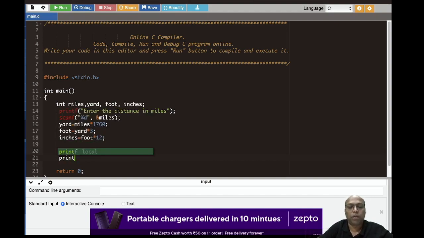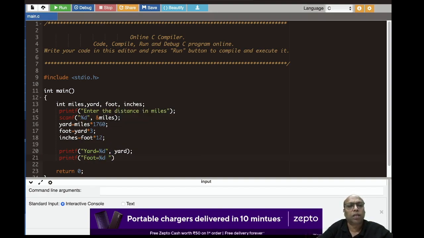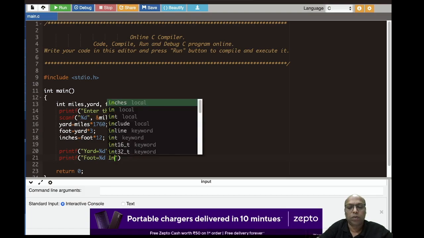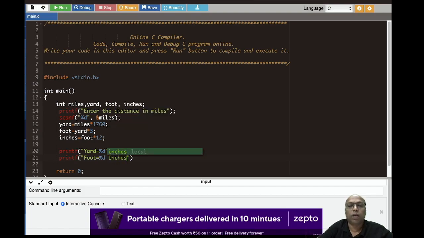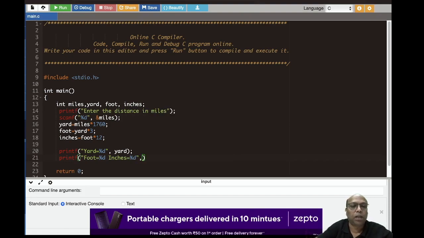Okay, printf, then foot is equal to percentage D. Then inches is equal to percentage D. In the first percentage D, I need to print the value of foot. In the second percentage D, I need to print the value of the inches.